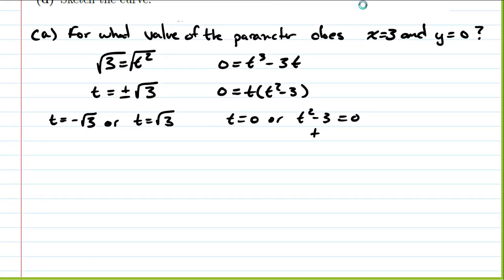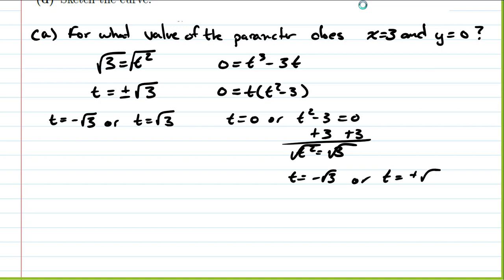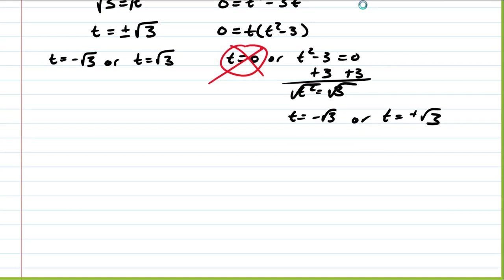We solve for t, and we get t squared equals 3. Oh, that's the same equation we had over here. So we're going to get t equals negative root 3 or t equals positive root 3. So t equals 0 doesn't have a match with the x's, so it's not going to be at the right place. So the values of our parameter are going to be negative root 3 and positive root 3.